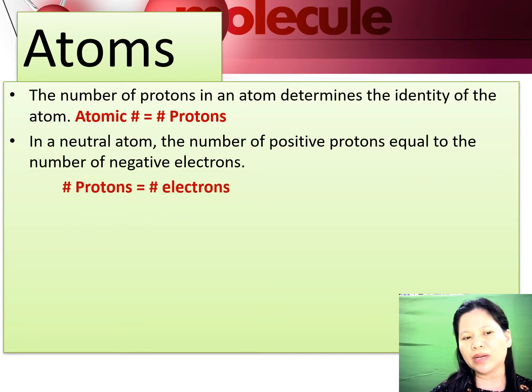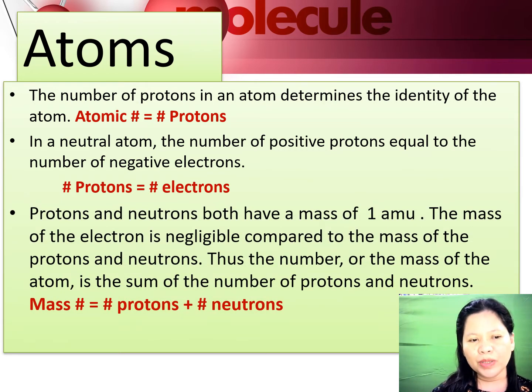So in short, the number of protons is equal to the number of electrons. And we also said in the first statement that atomic number is equal to the number of protons. So that simply means the three are similar: atomic number, protons, and electrons are equal.